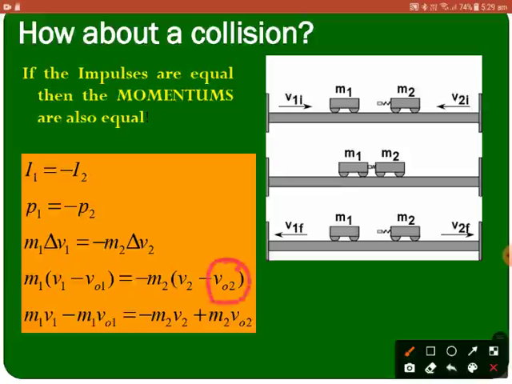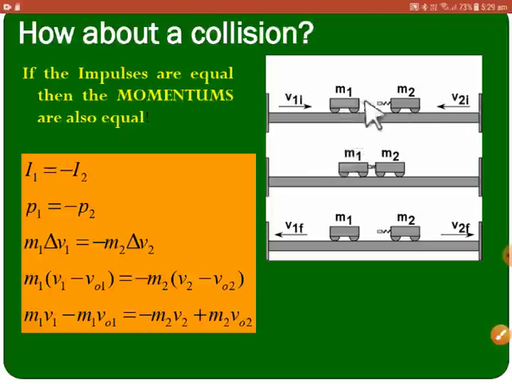The 0 represents initial, and 2 represents that particular body. So v02 is nothing but v2i, the initial velocity of the second body. Similarly, v01 is the initial velocity of the first body. Okay, let's see.